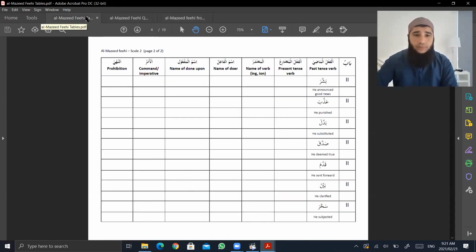Okay, but before we do that, let's just say a couple of verbs on the second scale. Fa'ala. Right, let's do it together. We'll say the fa'ala scale twice, and then we'll pick 2 other verbs and say these scales twice. Bi'idhnillahi ta'ala. So you can say it with me. Bismillah. Fa'ala yufa'ilu taf'ilan mufa'ilun mufa'alun fa'il la tufa'il.